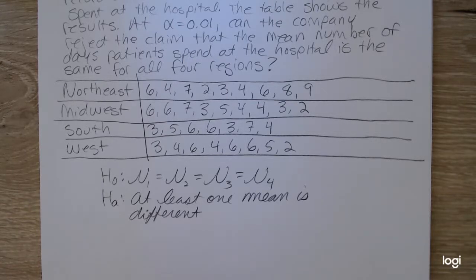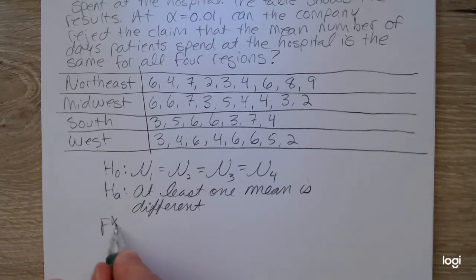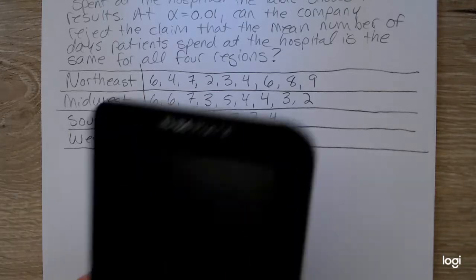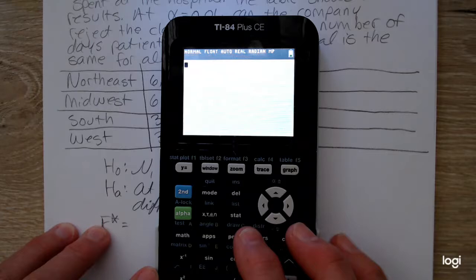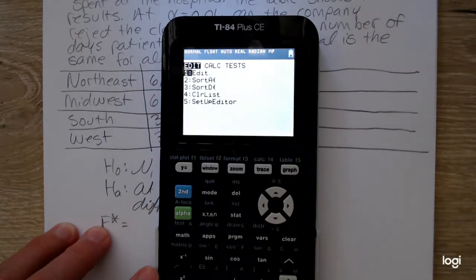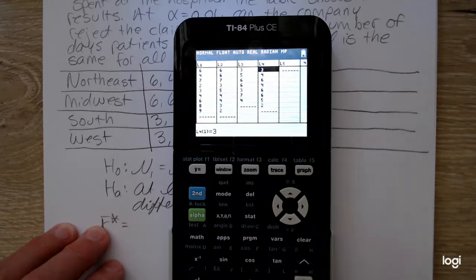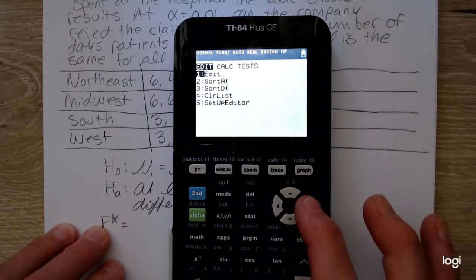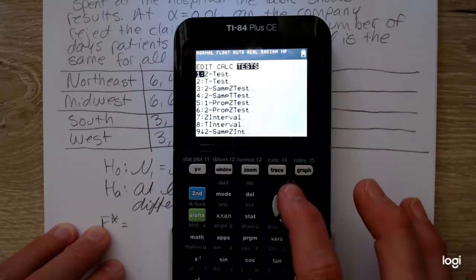All right, so the test statistic follows the F distribution. And again, I'm going to use my calculator to find that. So before I started, I inputted the information into 4 lists. And then you want to go to your stat menu, arrow over to tests, and it's like the last one.